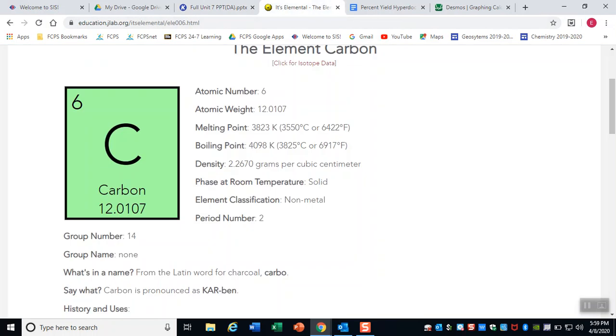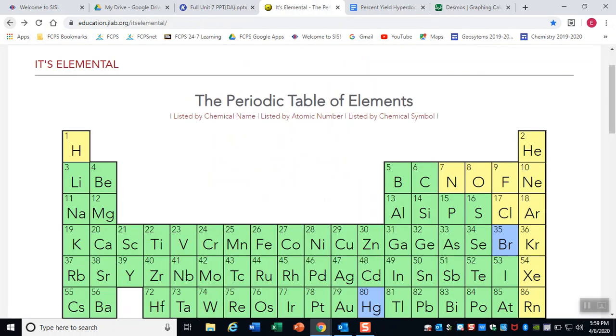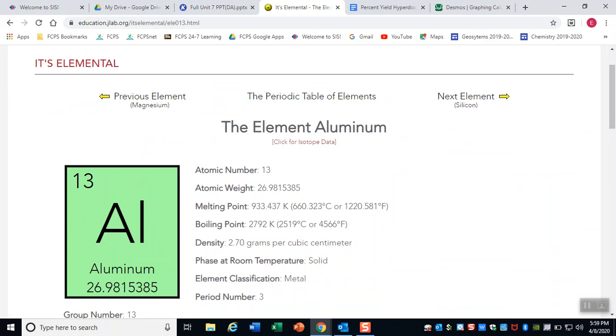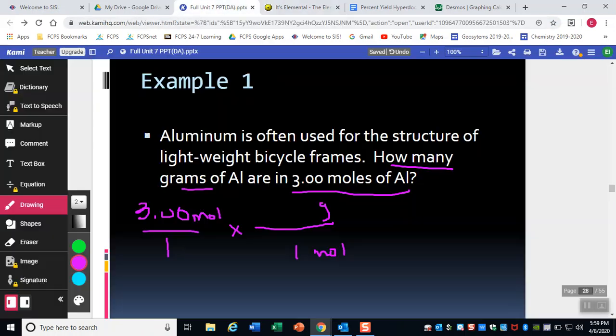Let's see. Grams is on the periodic table. Here's aluminum. I'm going to round to get my mass number, which is 27. So basically, since these are both on the top, 3 times 27 is what I'm going to multiply, right?